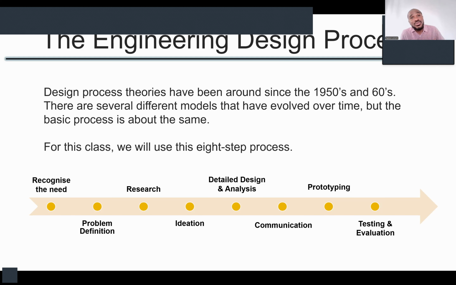You sometimes need to locate yourself in the vicinity of the problem so that you can understand it. And when you go there, you talk to people. Communication happens through all these stages. It is not only limited to the communication stage. But when you come to the communication stage, we refer to that stage there when you are generating your graphical representations of what you have thought of as the solution to whatever problem it is you have identified, right?